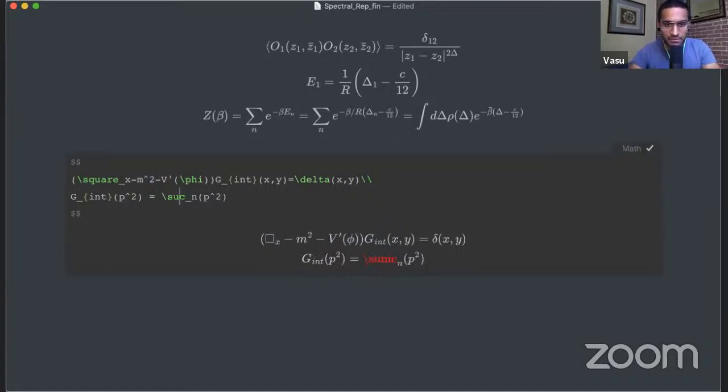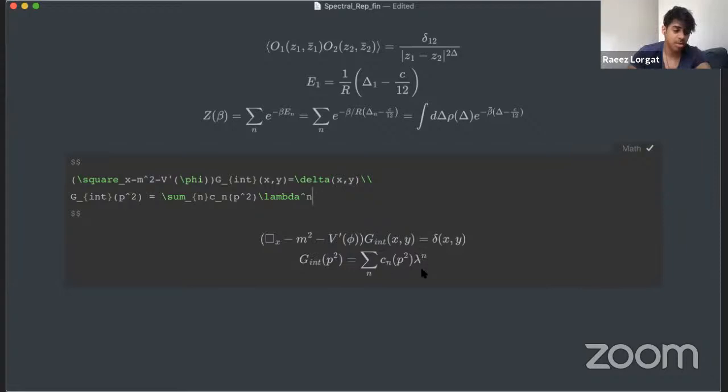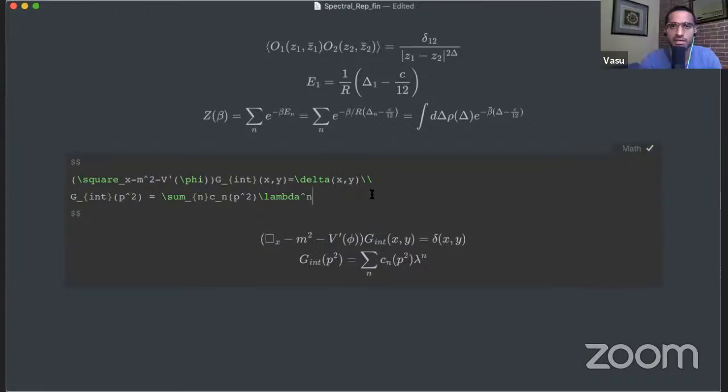The very basic form of it is the sum over n of c sub n of p squared times lambda to the power n, where lambda is a coupling constant. You just have some kind of power series to define this, and you can compute this order by order in perturbation theory.